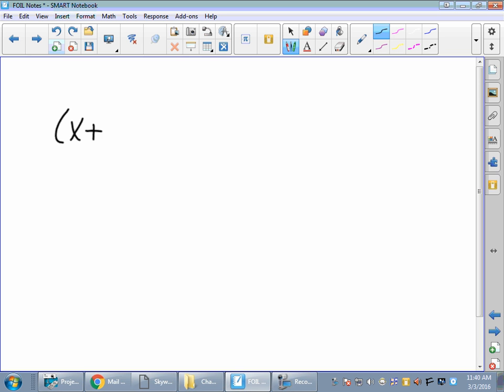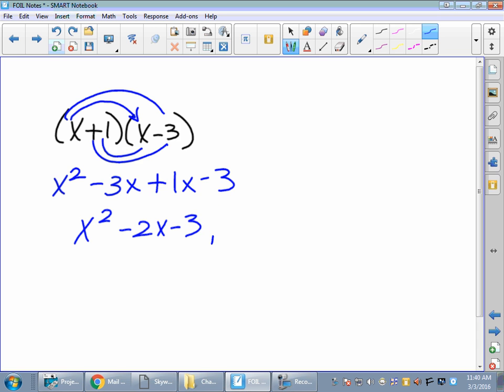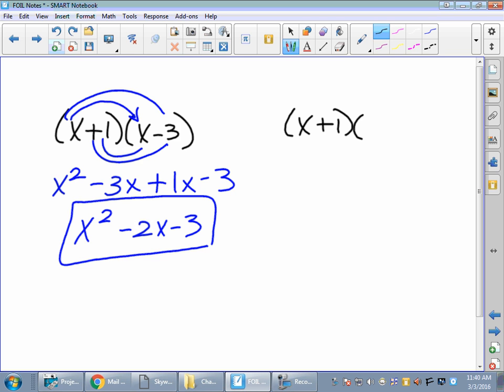If I do x plus 1 and then an x minus 3, using FOIL, I get x squared minus 3x plus 1x minus 3, or I end up with x squared minus 2x minus 3. Right next to it, I'd like to do the same problem, just the old way of splitting it up.